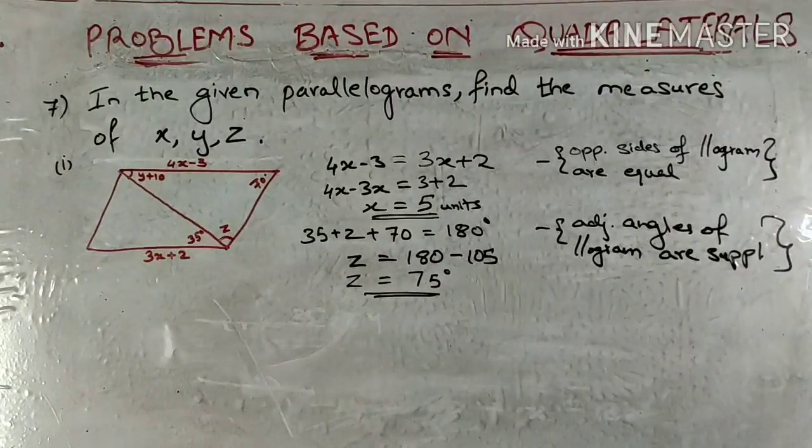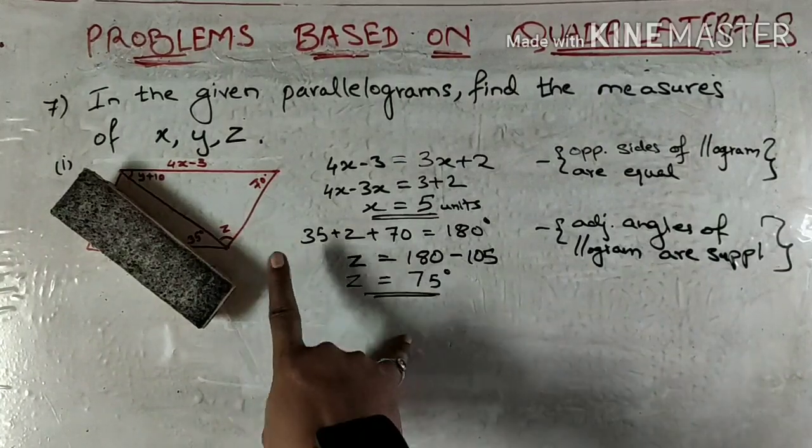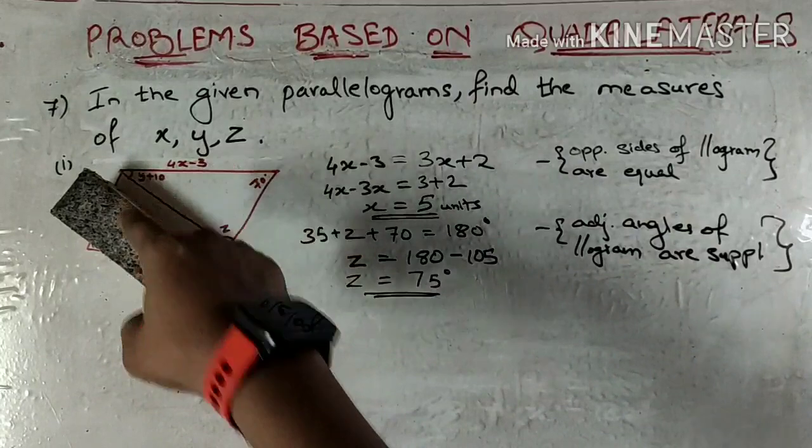There are two ways to find the value of y. If you see this, it becomes a triangle, and we all know that the sum of the angles of a triangle equals 180 degrees. We can use the value of z that we have found out. 70 is known, so the third angle can be easily found.